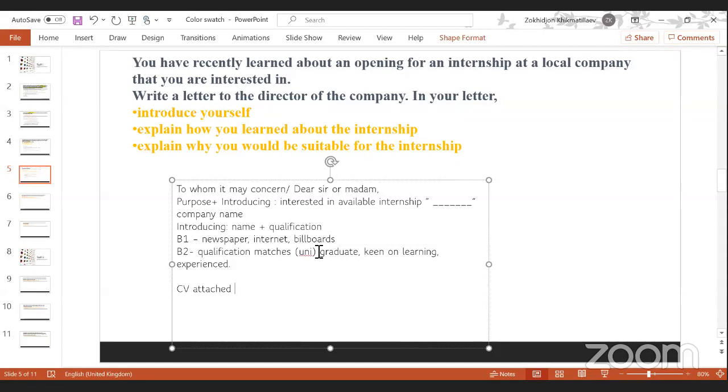Finally, someone mentioned the CV attachment. I'm so excited. Miss Malika, CV это как resume? Yes. Thank you. Or for additional information. So your contact number, your address, everything will be in this CV.